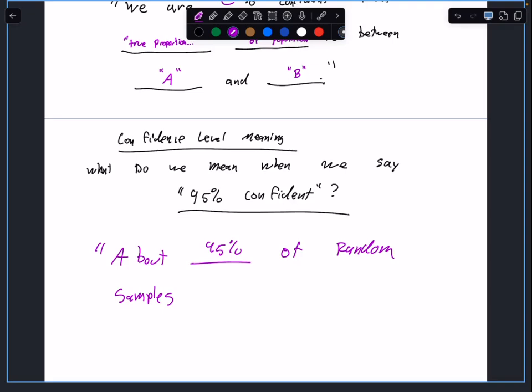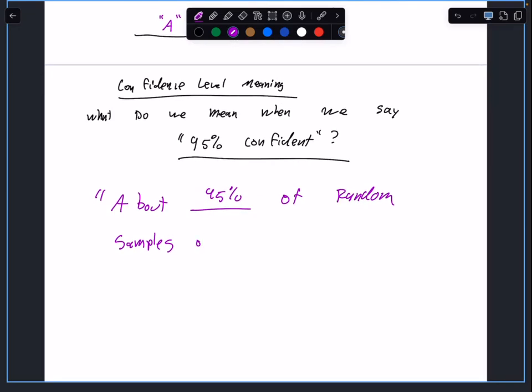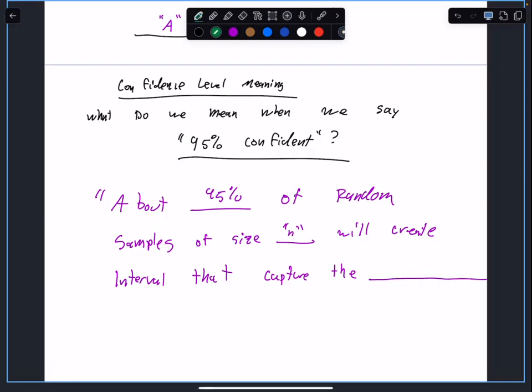If we did 1,000, 10,000, 1,000,000 different samples, about 95% of those random samples of size n will create intervals that capture the true proportion. Dot, dot, dot.